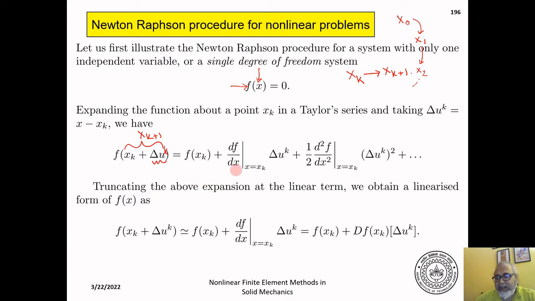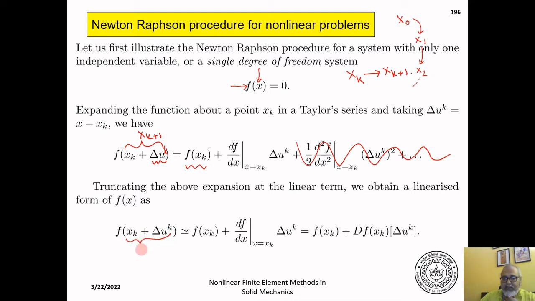I expand it in the Taylor series, and if I do that, then I get f(xk) plus df/dx evaluated at xk times delta uk plus the second derivative times delta uk squared and so on. I truncate it at this point, so I neglect all these terms.